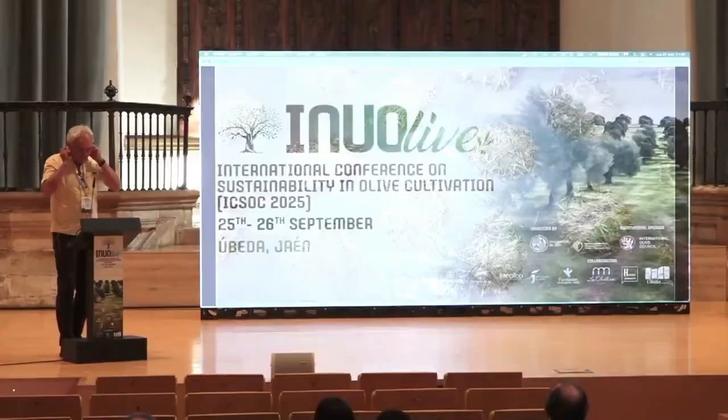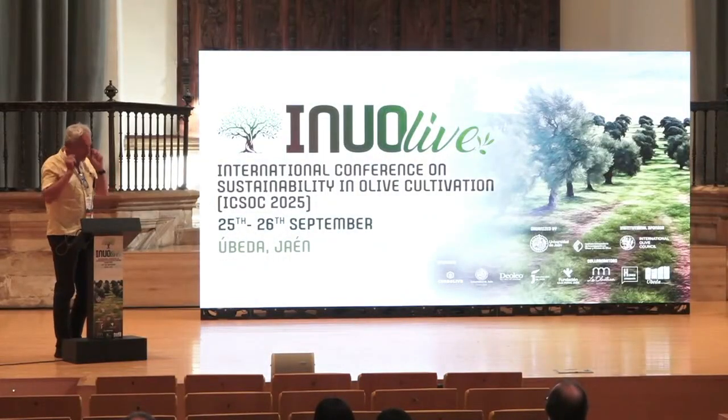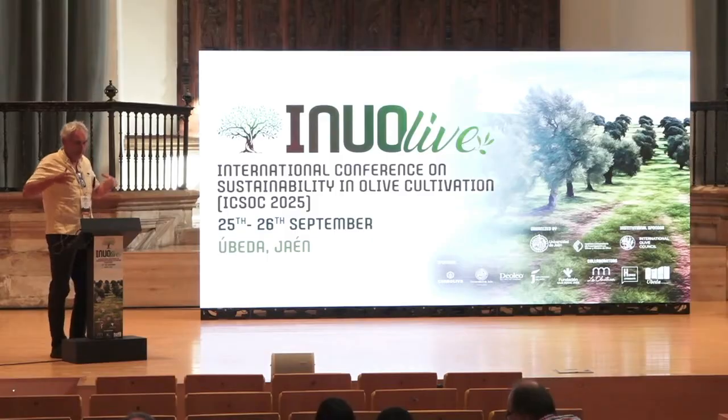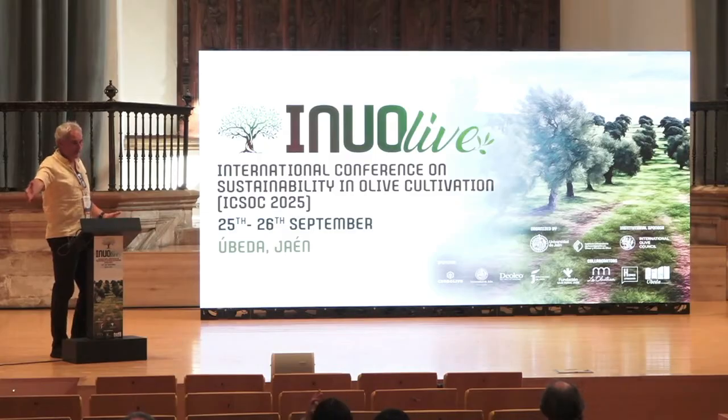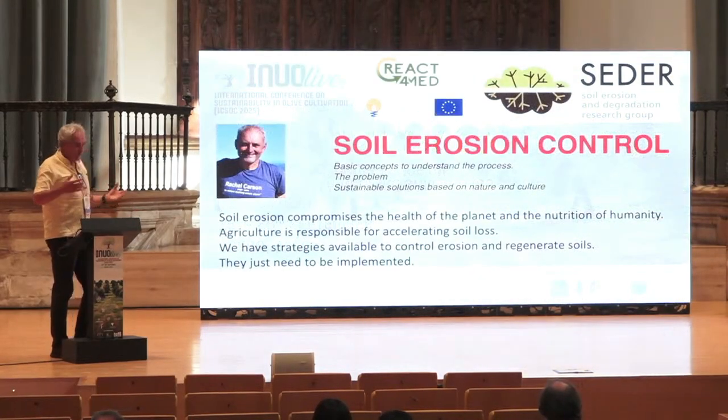Now I like to start with this, because to explain what the soil erosion process is, you need to understand the process. No? The process is this: detachment, transport, and sedimentation of the material. And this means that when we are watching the olive plantations with no vegetation, it is not only an effect on the farmer, on the plot, it is an effect also in the rivers and in the sedimentation areas.